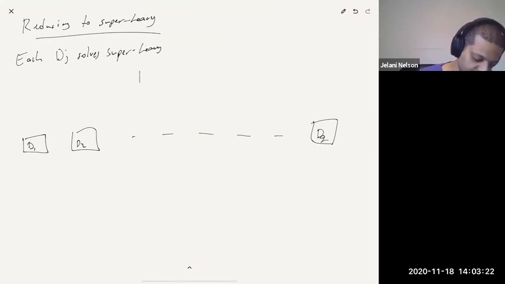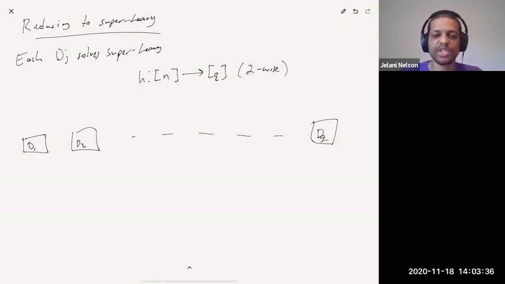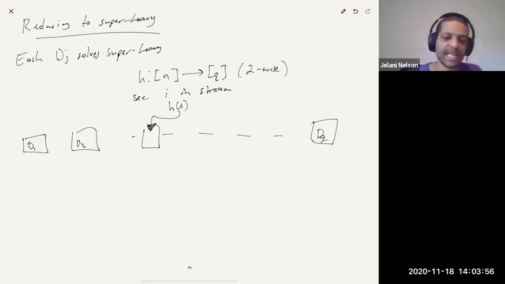I'm also going to have a hash function H, which maps the universe into 1 to Q. And it's from a universal hash family, or a pairwise independent hash family. So that means I can represent H in O of log n bits, which is just a constant number of machine words. And now, whenever I see i in the stream, I'm going to compute H of i, and that's going to send me into a random Dj, and it'll be processed there.